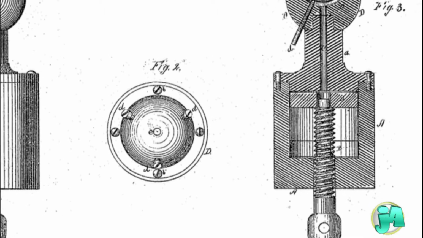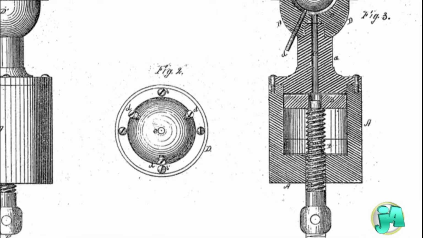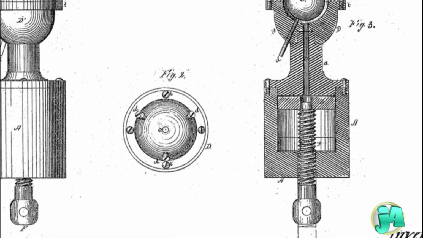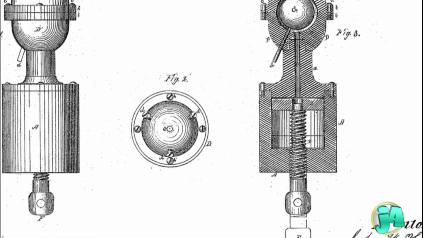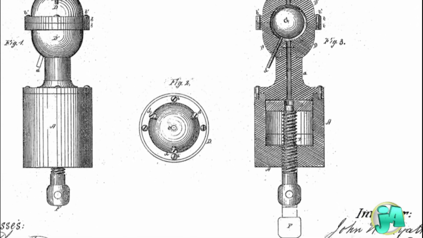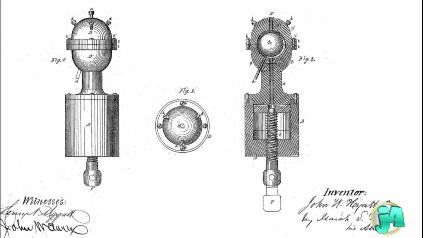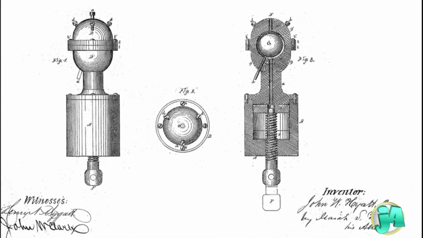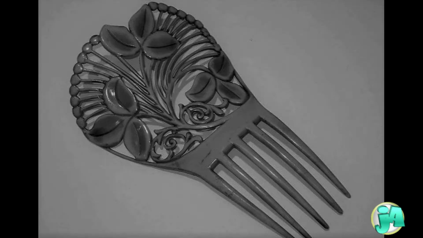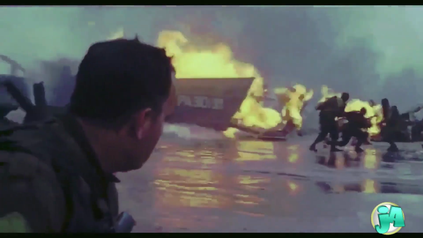Their machine worked like a large hypodermic needle, with a plunger to inject plastic through a heated cylinder into the mold. The machine was used to make simple but essential products of those days, like buttons and hair combs. The process was unchanged until World War II.